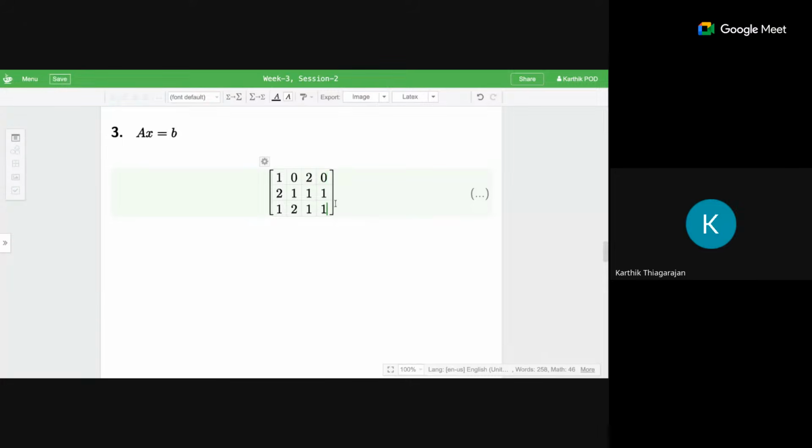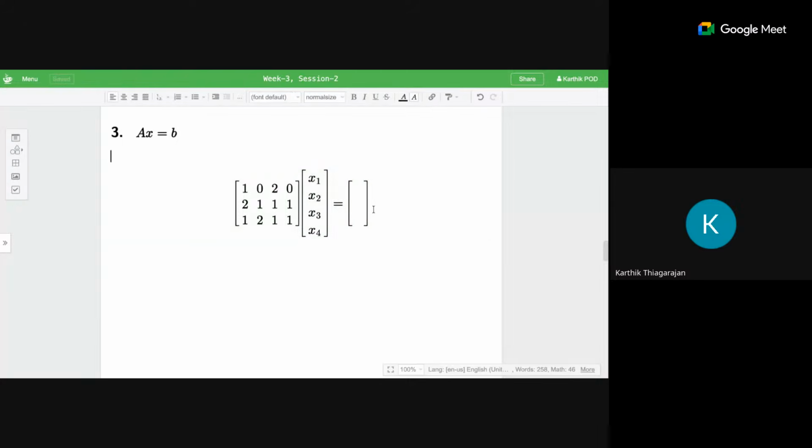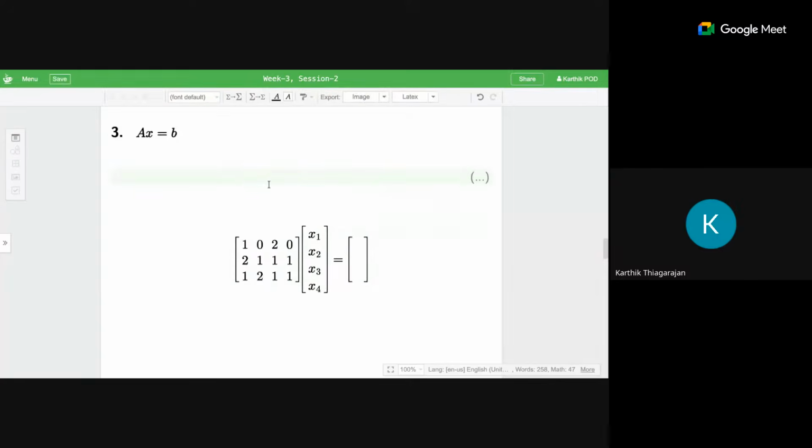This is some x, where x is x1, x2, x3, x4, equal to, let's say, something I'm making up, so I could as well make it something nice.